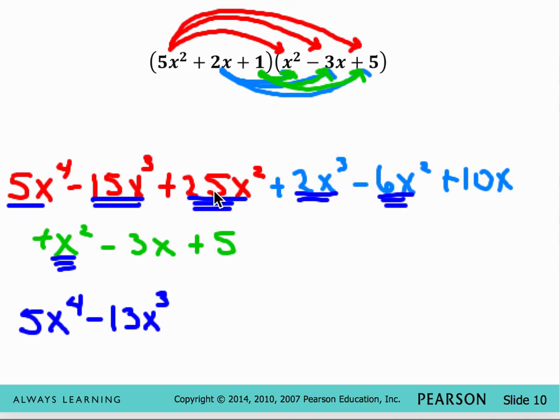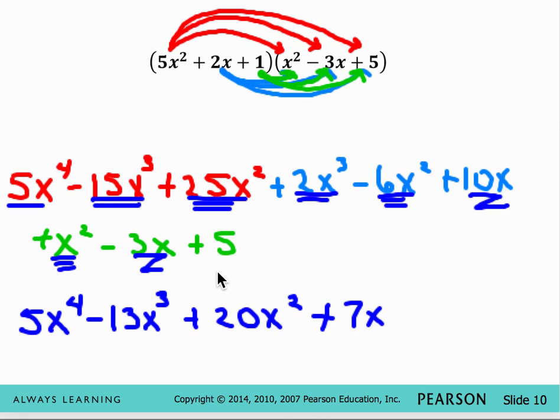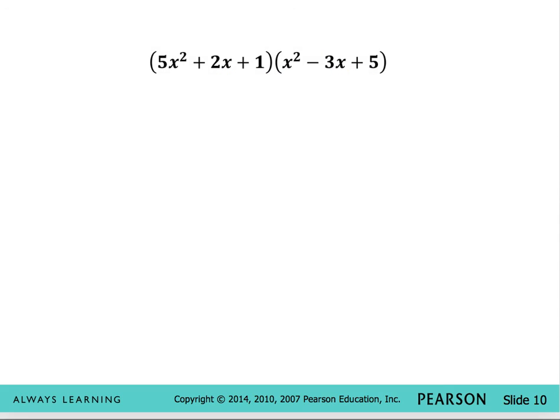Okay, so 25 minus 6, that's 19x squared. And add one more, so now 20x squared. Okay, I'm to the just plain x's. And here's just an x. So 10 of them minus 3 of them is 7 of those x's. And then all that's left is the plus 5. And notice I can tell at a glance I've accounted for all my terms. Okay, multiplying polynomials. Let me know.